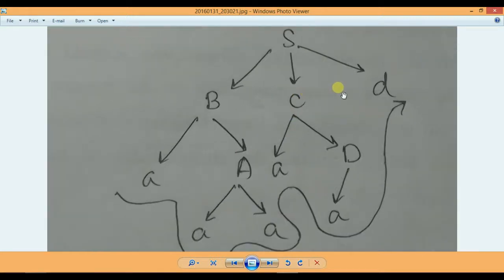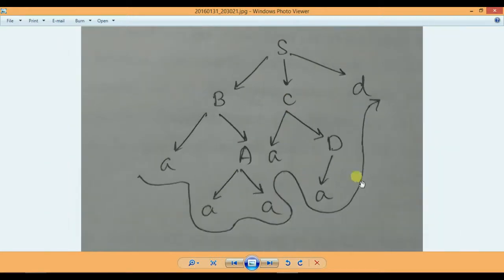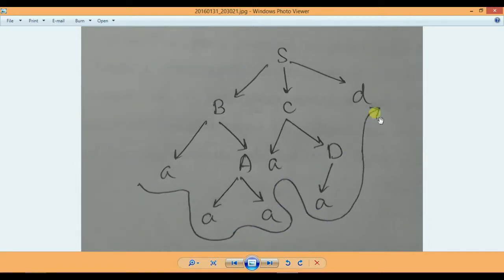And if you can see this curved arrow-like structure, you were probably wondering what it's all about. But if you observe carefully the leaf nodes of this parse tree, if you follow this arrow from left to right, it's going like this, here to here to here, and up till it reaches here.